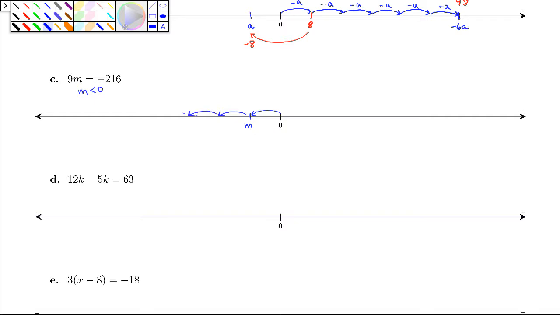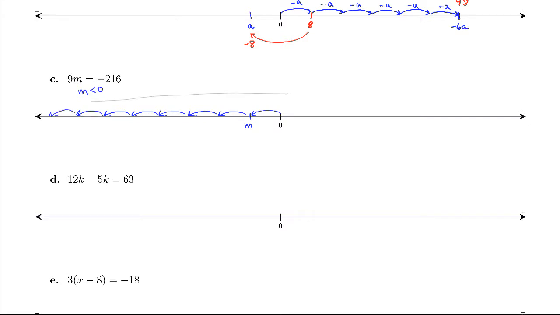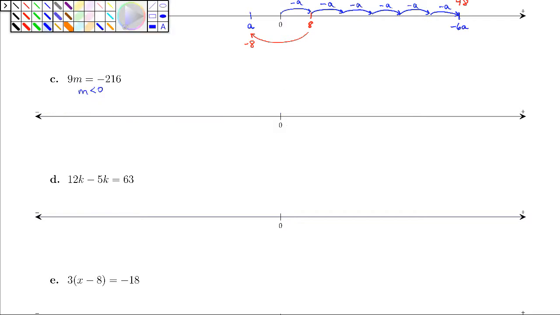Let me start out with a smaller m. Here's m. 1, 2, 3, 4, 5, 6, 7, 8, 9.